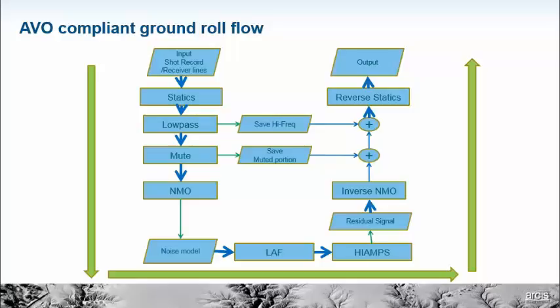But suffice it to know, the basic philosophy is to do some sort of preliminary noise attenuation, and it might be somewhat heavy-handed in the sense that it may inadvertently remove residual signal, and so we have to do something after the fact to go fix that up. So in this case, this heavy-handed noise attenuation in the context of removing ground roll is simply a high-pass filter.